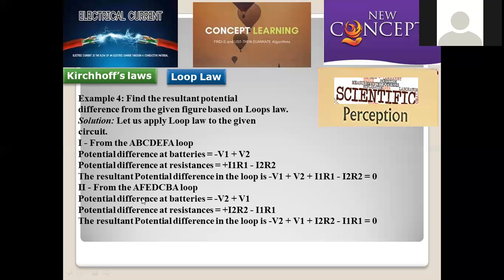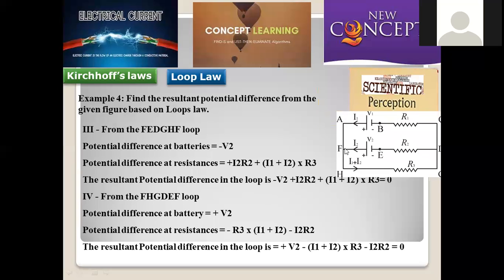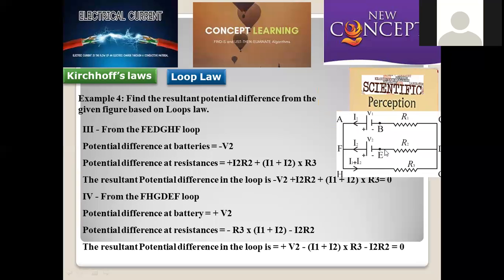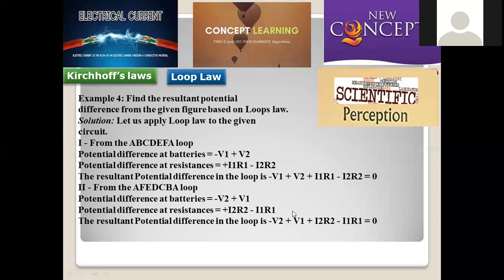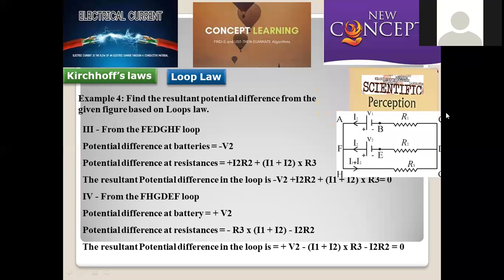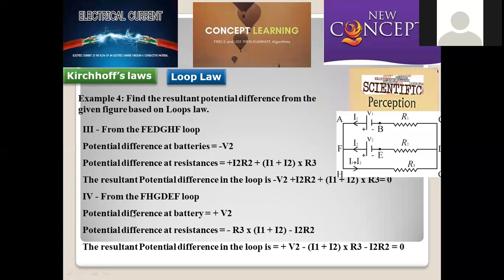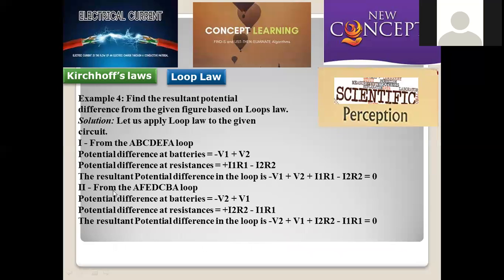Here the second condition is also there. A, F, E, D, C, B, A. In this direction we are moving, so this is a second kind of representation. The second condition is provided in the reverse direction.